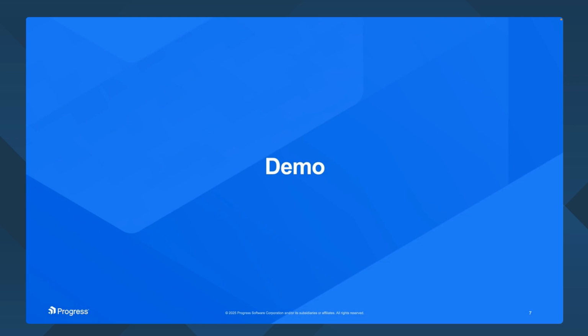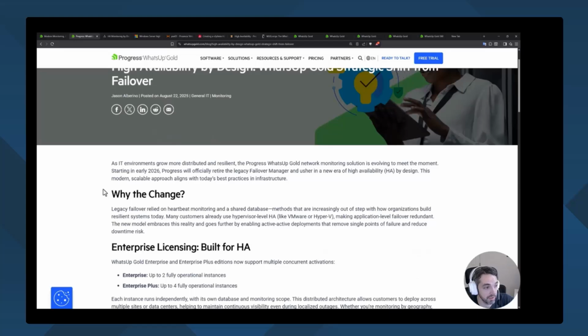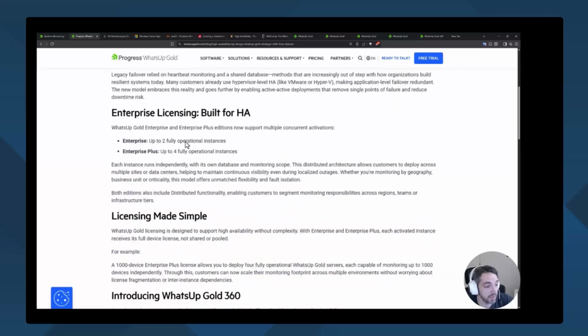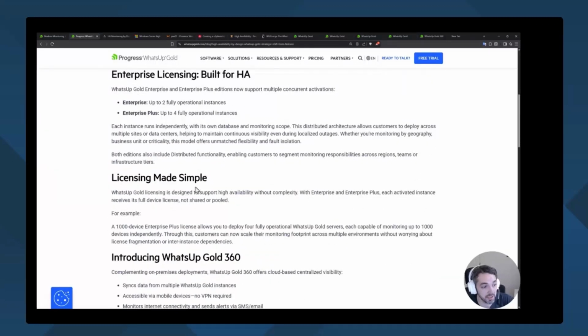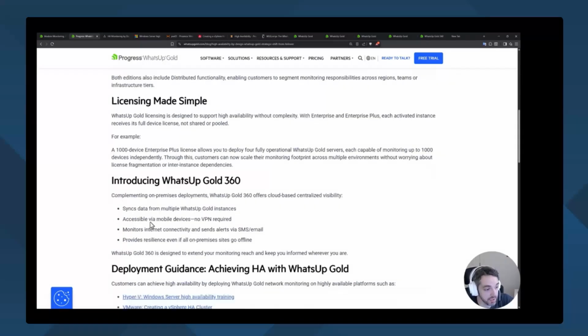Okay, so without further ado, we have this blog post available today, and we were publishing this back in August. It talks about why the change, how our licensing is set up in a way where it's advantageous for the customer, and we really simplified this licensing as much as possible, while introducing WhatsUp Gold 360 to the mix, which really helps simplify some of what we're proposing here.